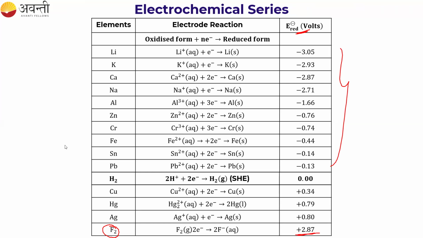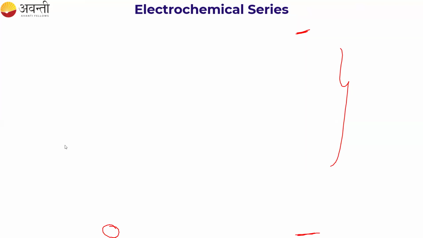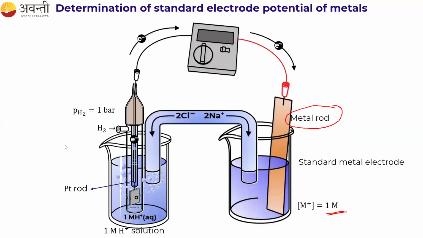Second one means before this electrochemical. Okay, wait. This one? This one you want? Okay.